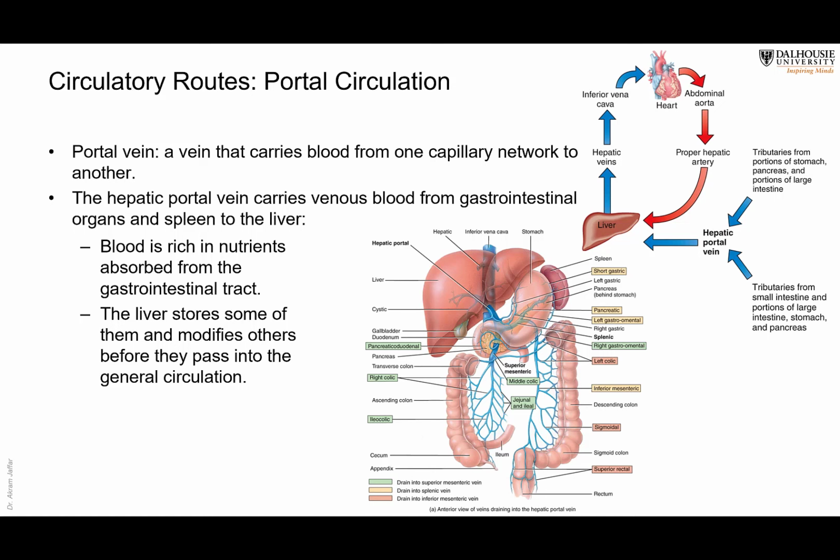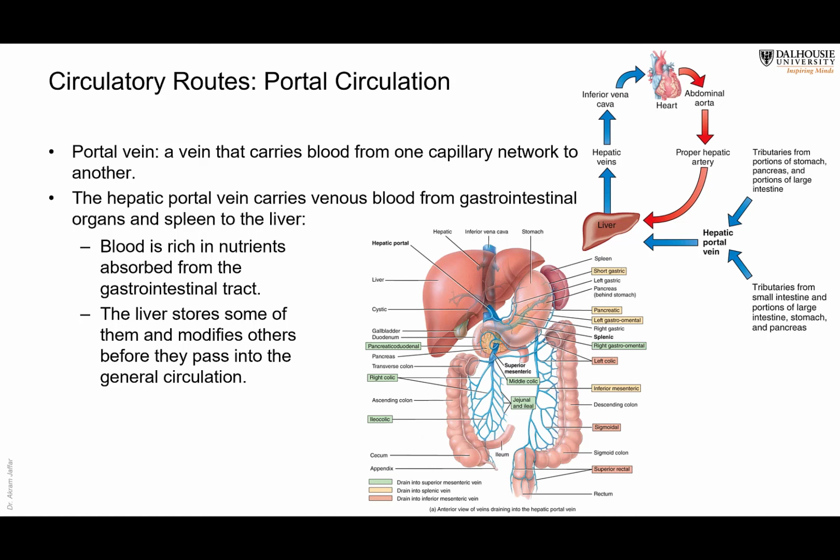Do you remember the portal circulation that was mentioned before? Have you heard of the portal circulation before? It was probably 2 weeks ago. Yes. Okay, so we mentioned a small portal circulation between the hypothalamus and the anterior pituitary gland.